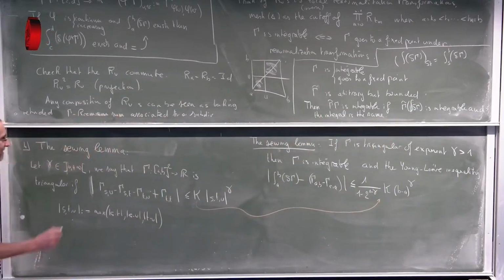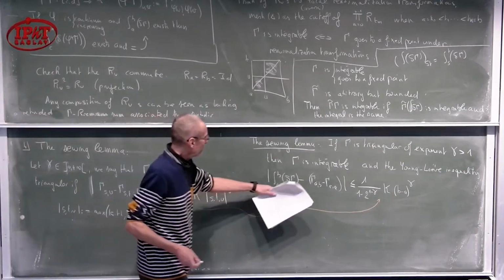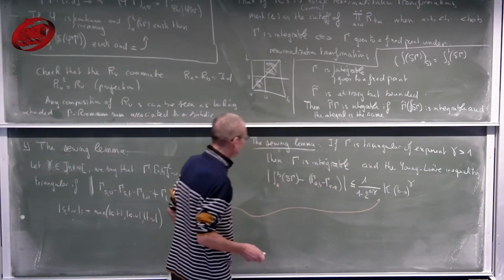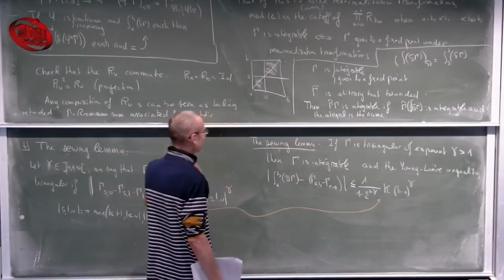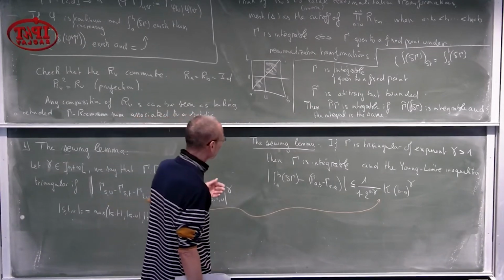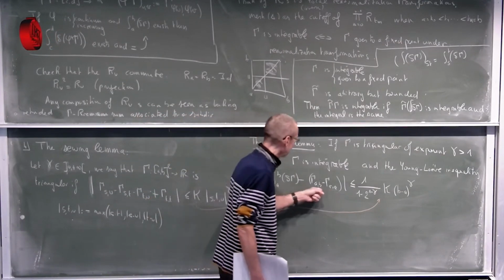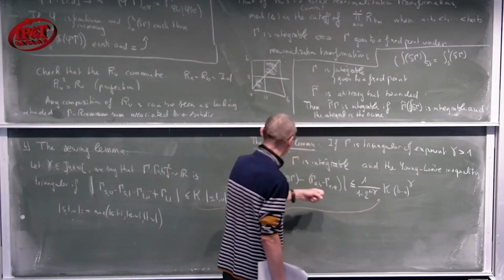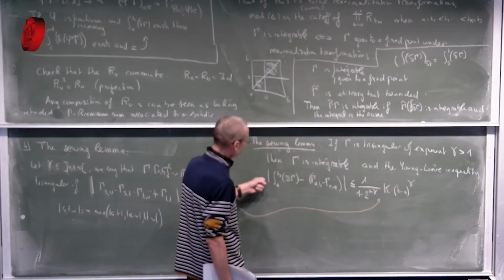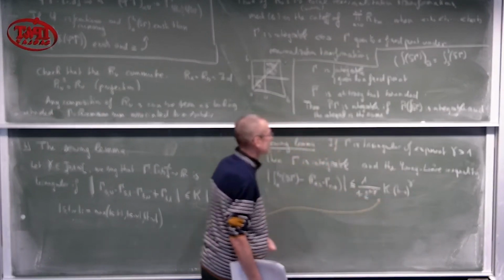So the error term you're going to make, as we said, the whole point of this story was to approximate the integral by some useful thing, and indeed this inequality tells us that if we do so, the error we make is smaller than this.